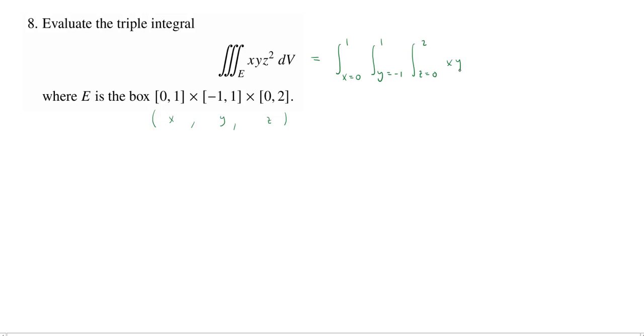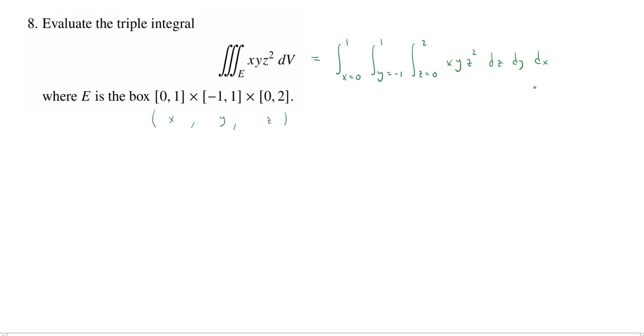Then I get to evaluate this triple iterated integral on xyz squared, and dV will become dx, dy, dz in some order. Well, the z is on the inside, so we start with a dz, then comes a dy, and finally a dx. All right, now I'll go through the calculation step by step.